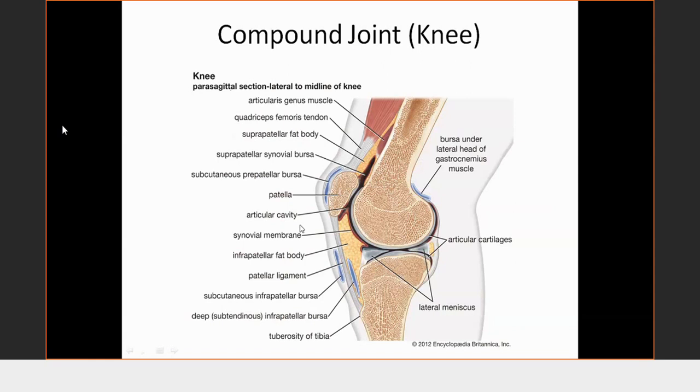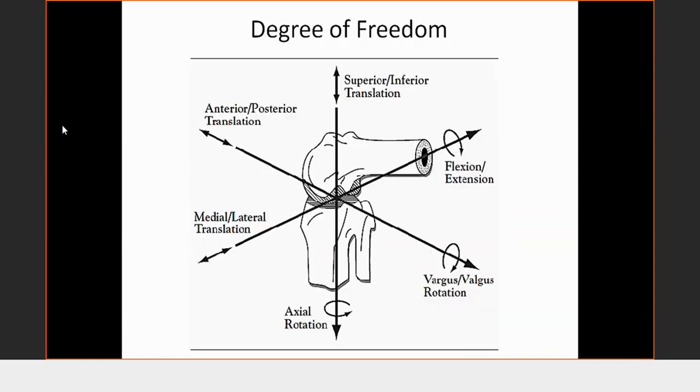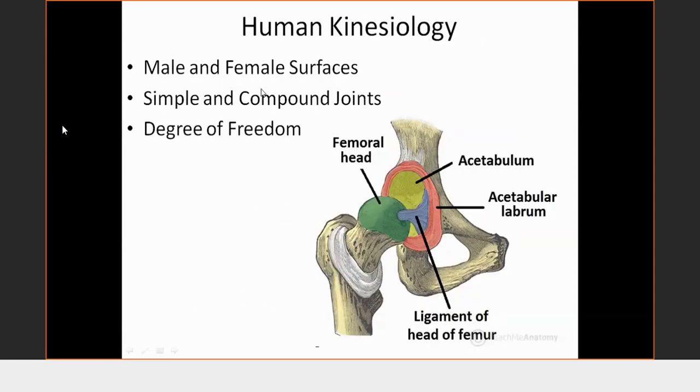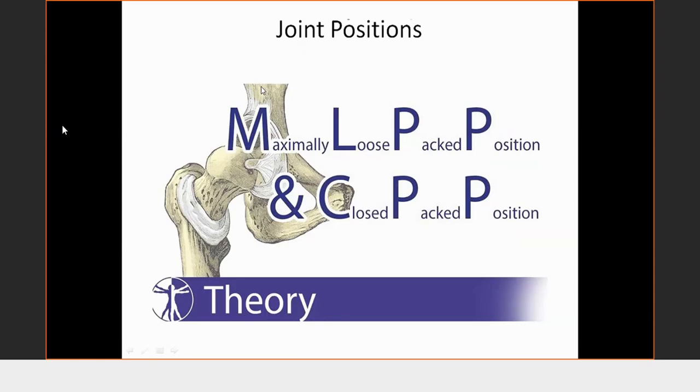Apart from the classification as a synovial joint of the condyloid variety, according to simple and compound joints, the knee joint is the compound variety, because more than two bones are articulating: the lower end of the femur, the upper end of the tibia, and the patella or kneecap.